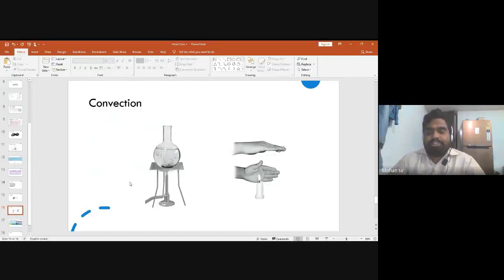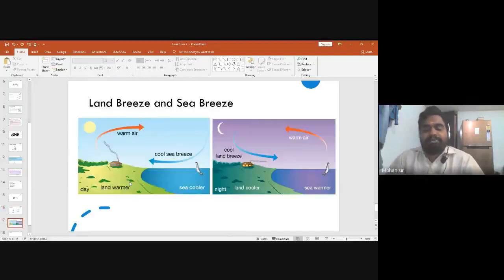When we speak about convection, we should know what land and sea breeze are. In the coastal areas, especially near the beaches, the houses have a window facing towards the sea. Why? Because during the day, the land gets heated up more quickly than the sea.